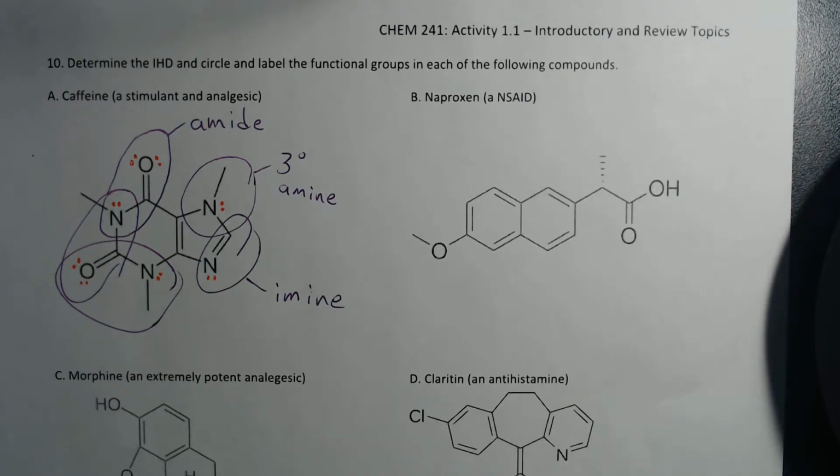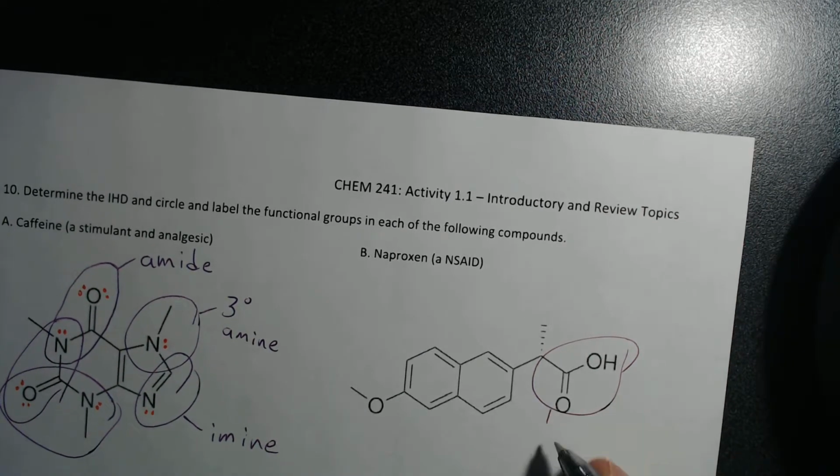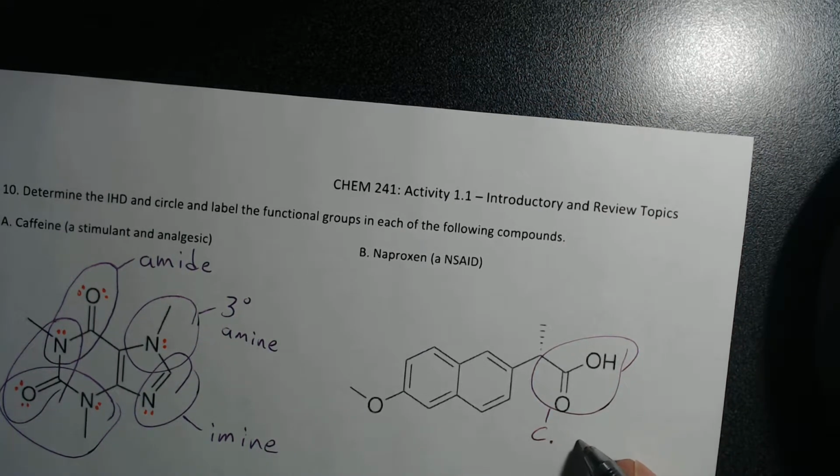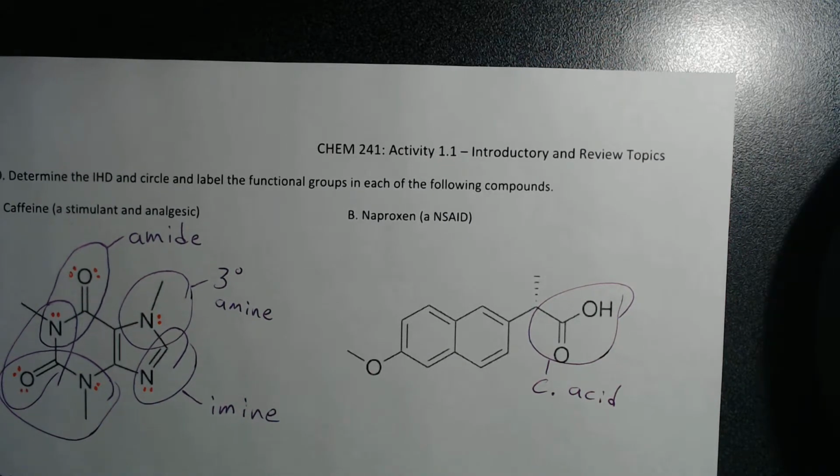So let's take a look at the functional groups. I think there are 3 functional groups in that compound. What do you guys think? I heard carboxylic acid. That's this end over here. For the sake of time, I like to abbreviate it as C acid for short. And then what else is there?